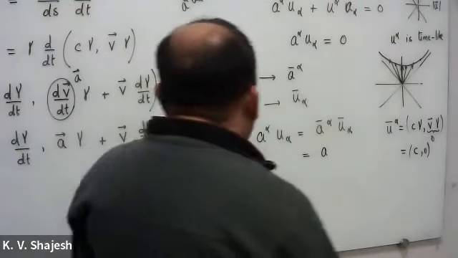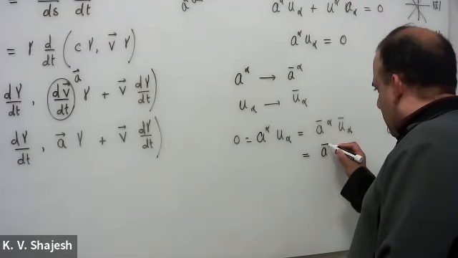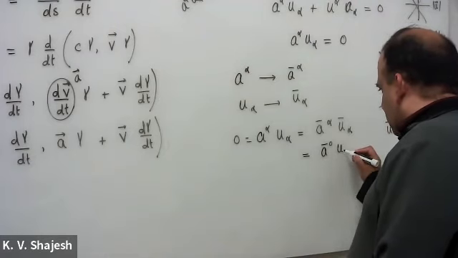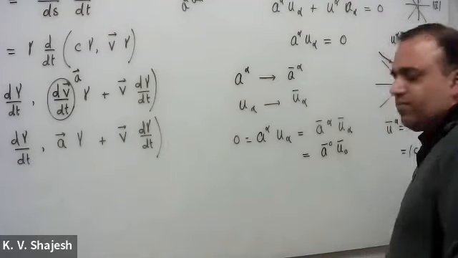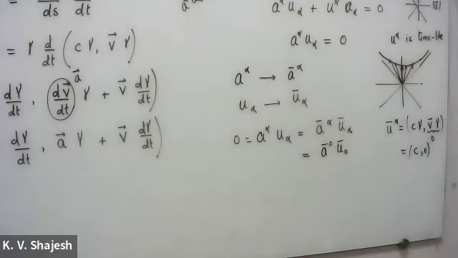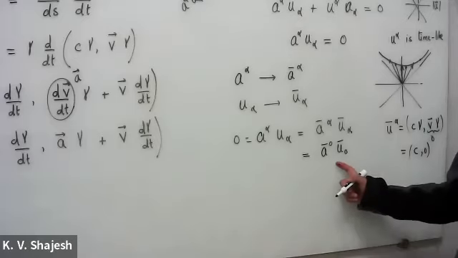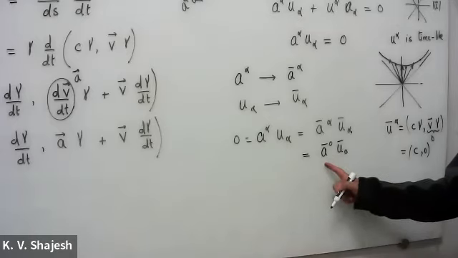If that is the case, this is nothing but A bar 0 and U bar 0. Okay. But this is equal to 0. What does that mean about A0?